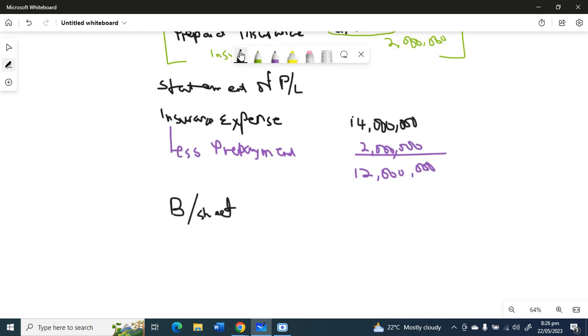We're making adjustments for the numbers that should appear in the financial statement.